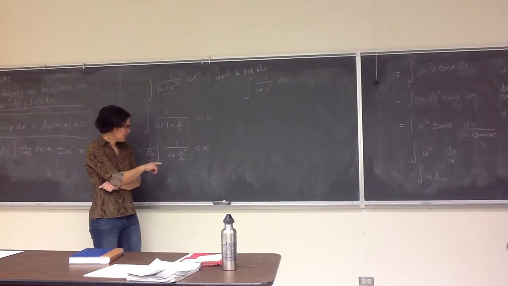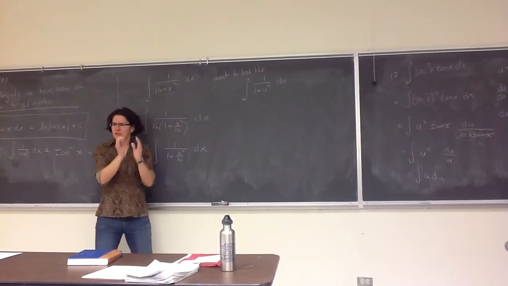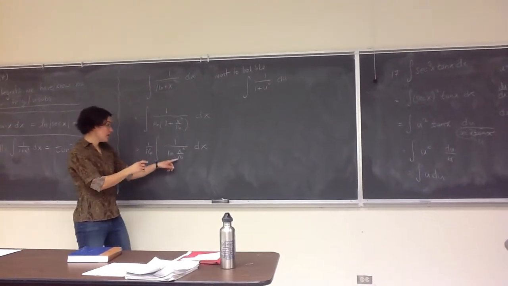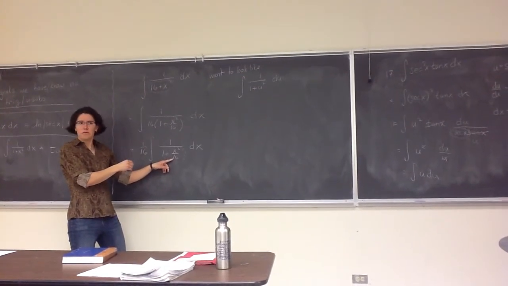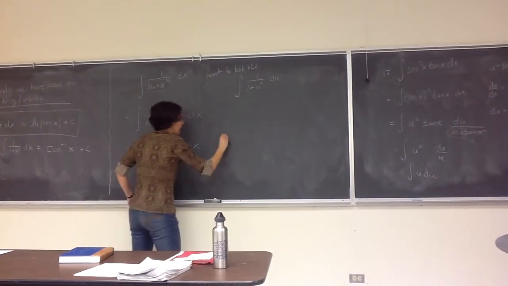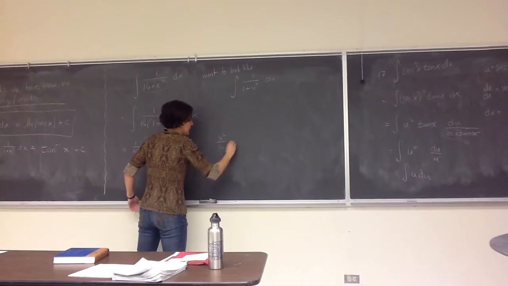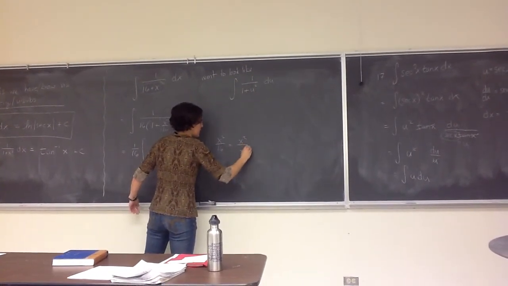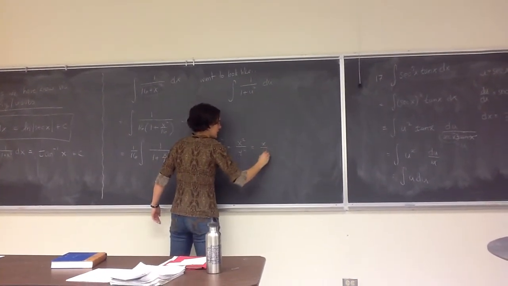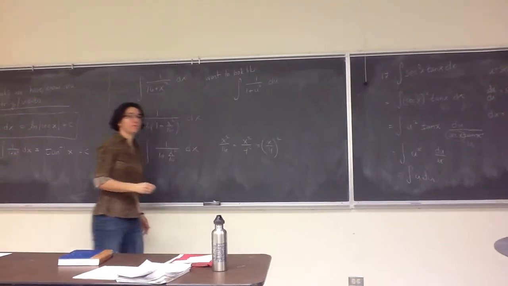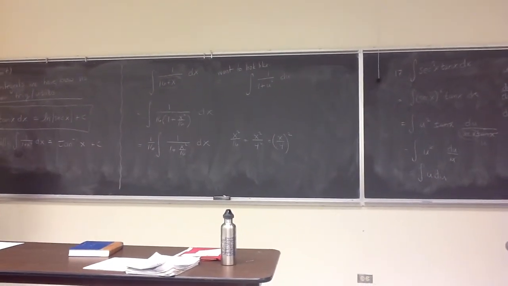Yes, I want this whole term to be something squared. So notice the bottom of 16 is really 4 squared. So another way to write x squared over 16 is as x squared over 4 squared, which I can write as x over 4, the quantity squared. Well, this is kind of cool.